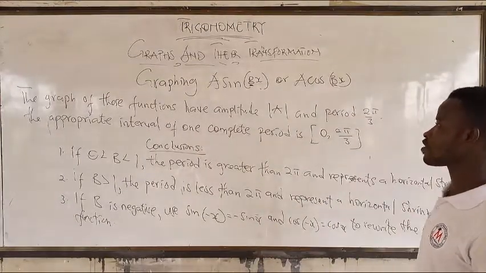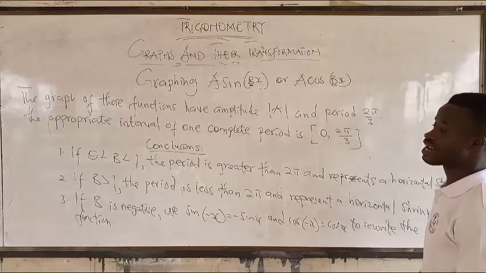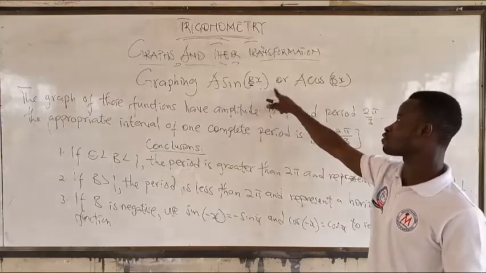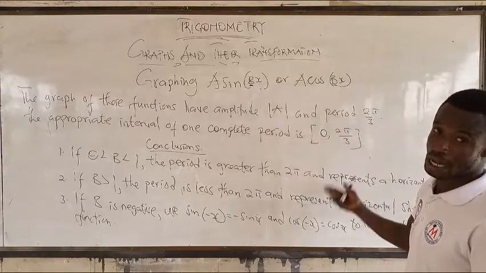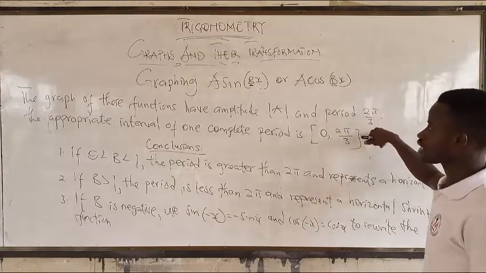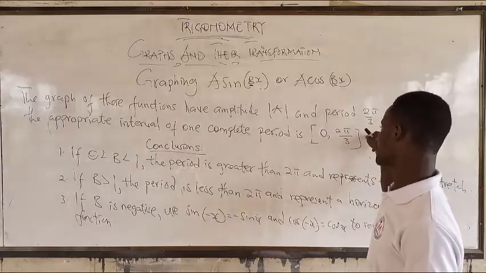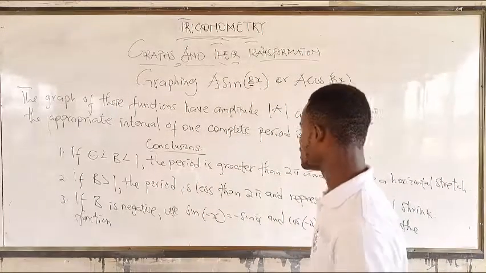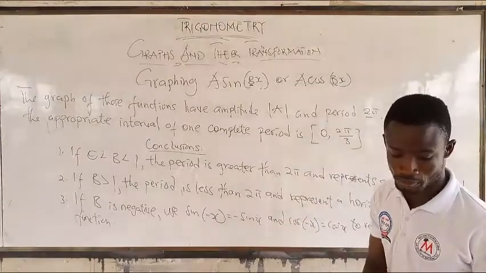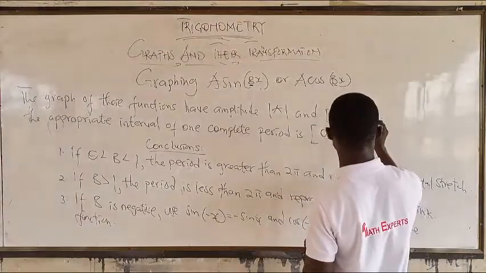The graph of the functions has amplitude A. So the amplitude is the same thing, and the period is 2 pi over 3. In fact, I would like to leave it in general to say that the period is going to be 2 pi over b.